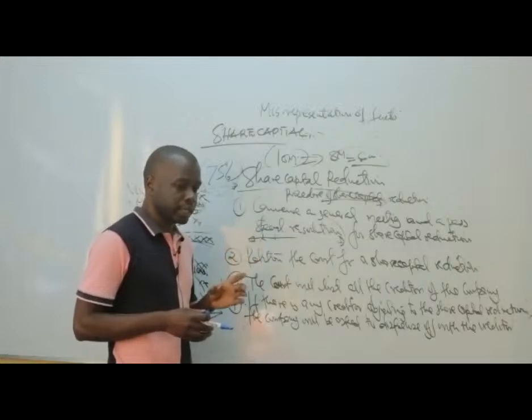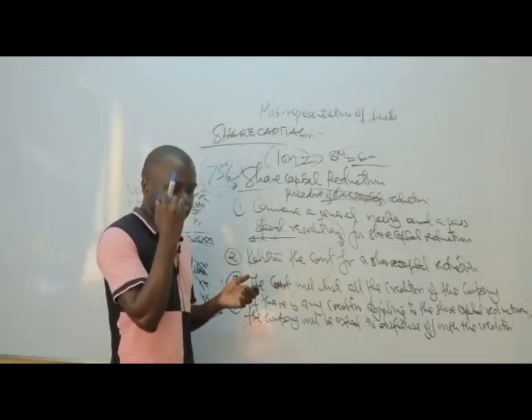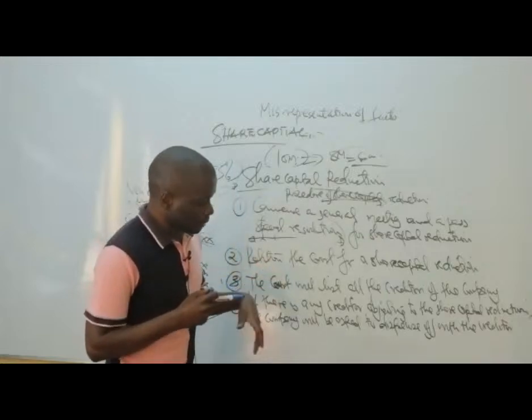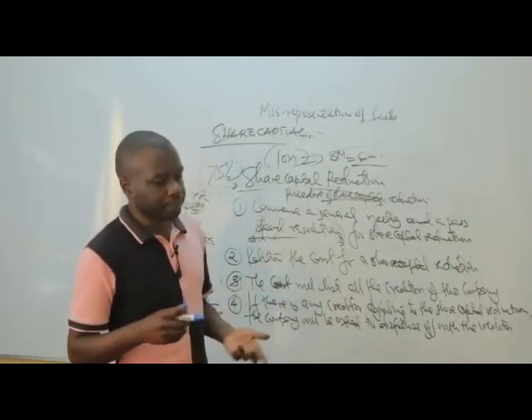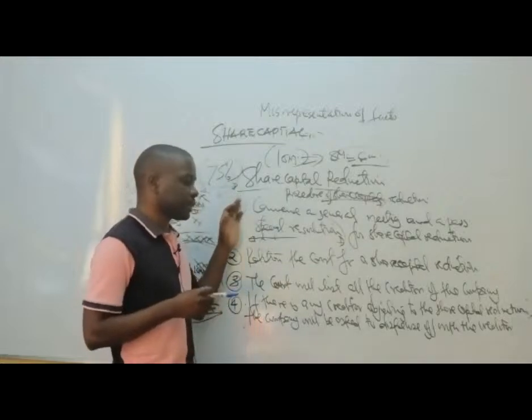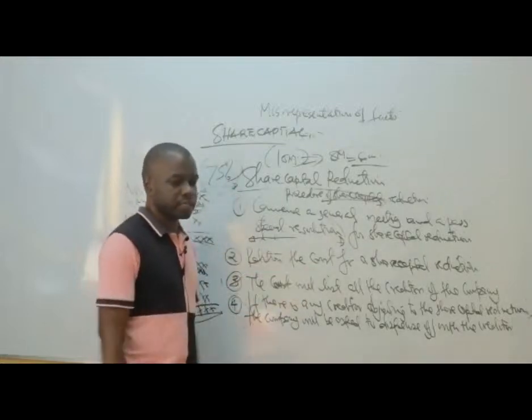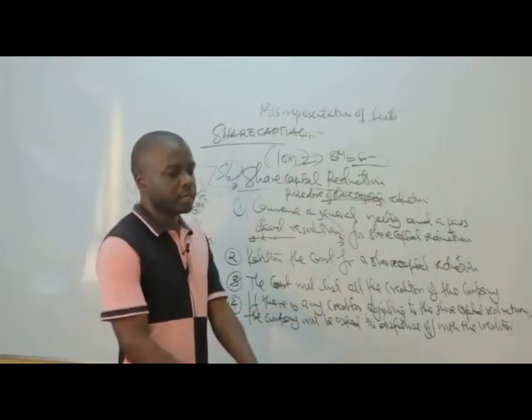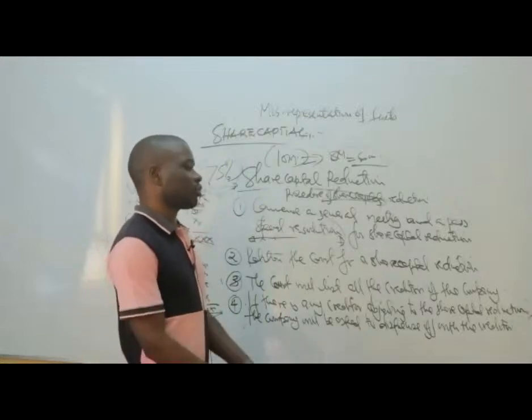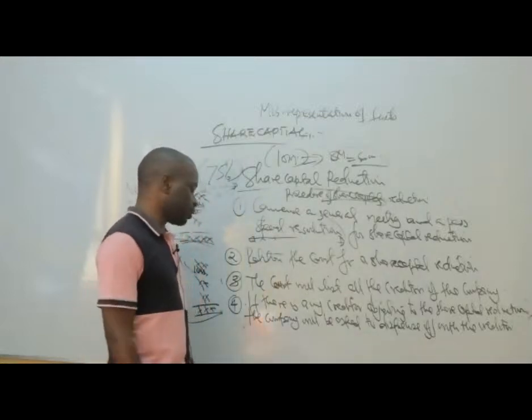They list all the creditors, and in case these particular creditors are objecting, they can ask the company to dispense of or pay off the creditors before they can actually be able to do the share capital reduction.